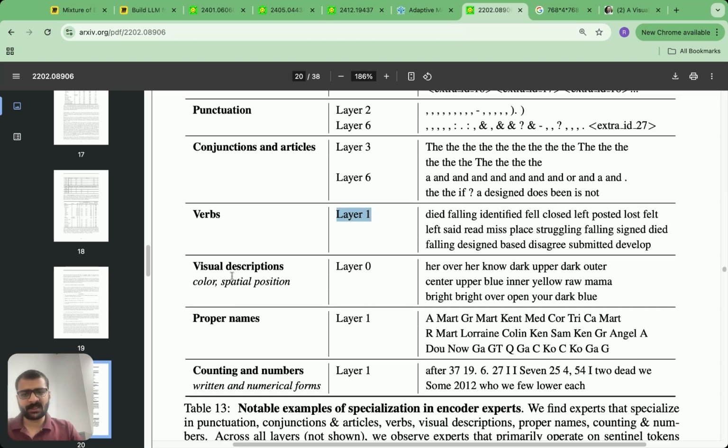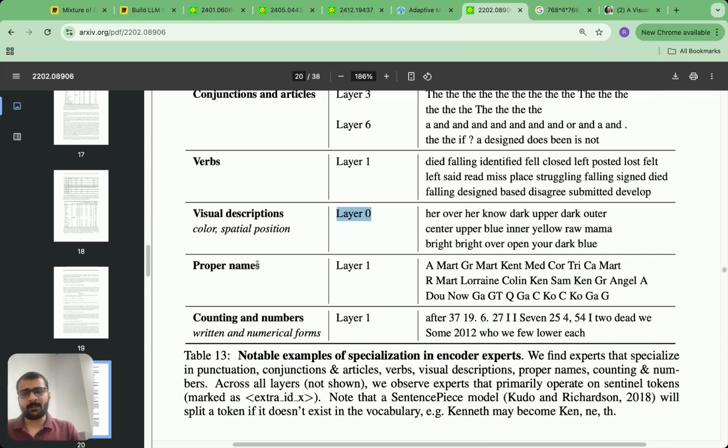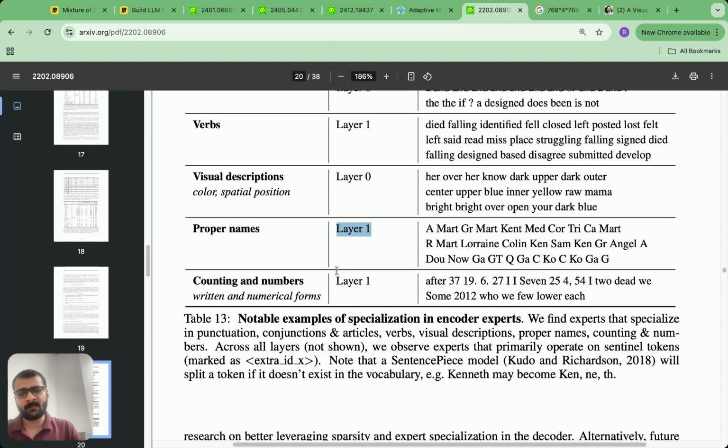If there are visual descriptions like color and spatial position, like blue, inner, over, open, dark, upper, those are directed towards specialized experts in layer number 0. If there are proper names like Mart, Colin, Ken, Sam, Angel, etc., those are directed towards specialized experts in layer number 1.